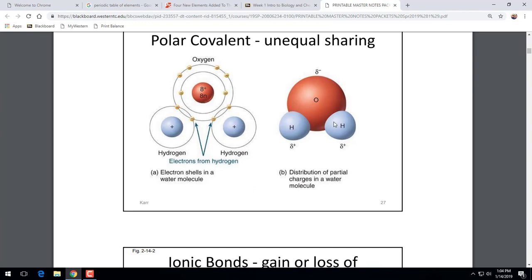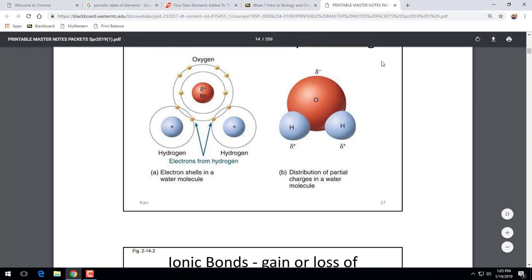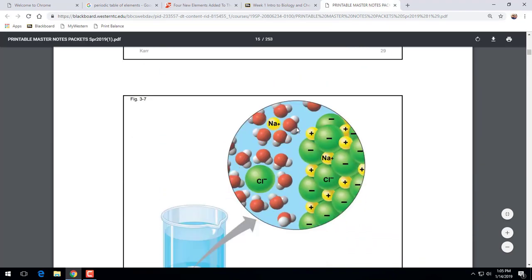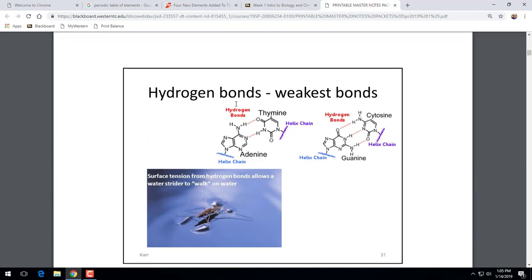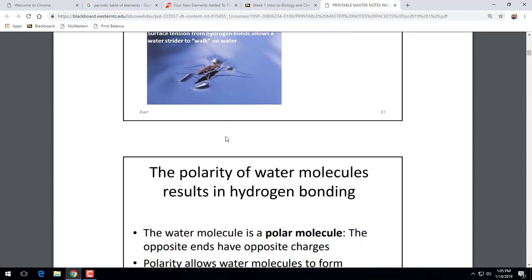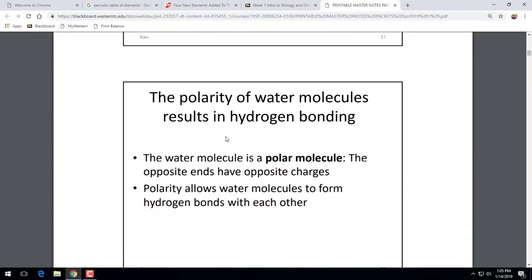So if this water molecule comes in contact with another water molecule, which it does, the oxygen of this molecule would be attracted to the hydrogen of a nearby molecule, forming again this skin that we see that forms with water because water sticks to itself. And the type of bond formed between one water molecule and another is called a hydrogen bond.